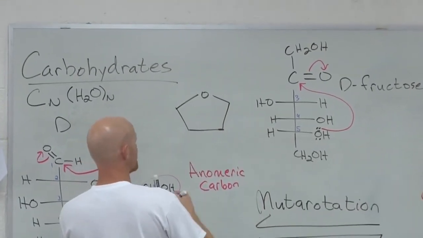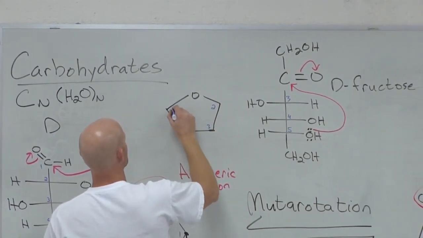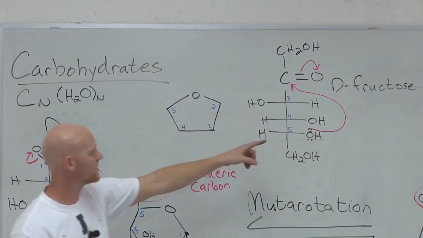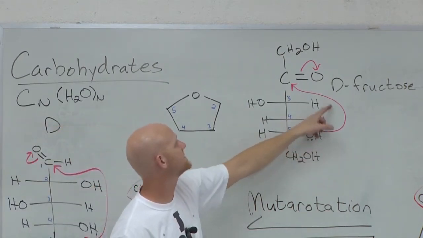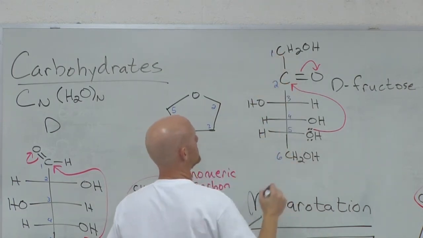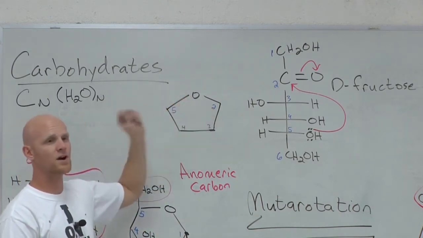The way this is going to work is we've got carbons 2, 3, 4, 5 in the ring. And notice we joined, so in this case, my bad, carbon 5's OH attached to carbon 2. And so carbon 5's O is bonded to carbon 2.